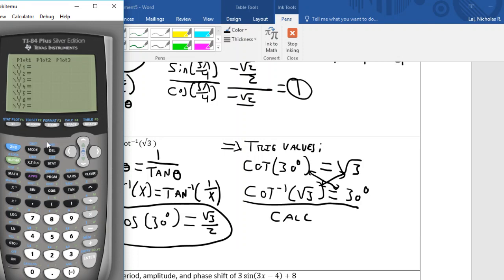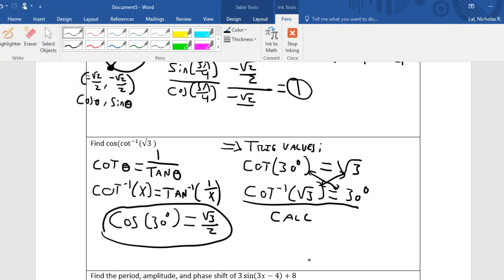In parentheses, 1 divided by the square root of 3. That's 0.866, which is equivalent to the square root 3 over 2. Okay? So our answer here is root 3 over 2.